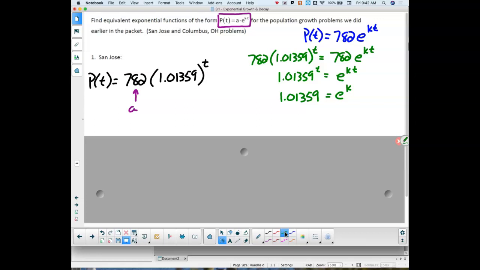So 1.01359 equals e to the k power. And how would I solve for k? Natural log. So k here is going to equal the natural log of 1.01359.